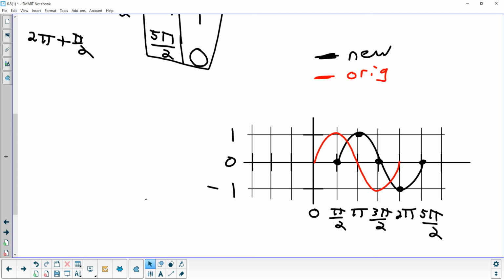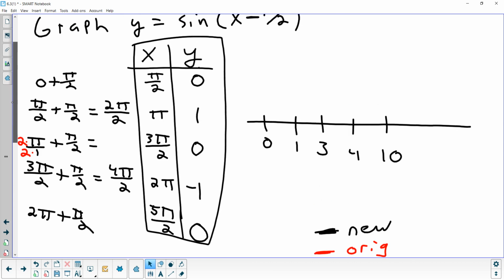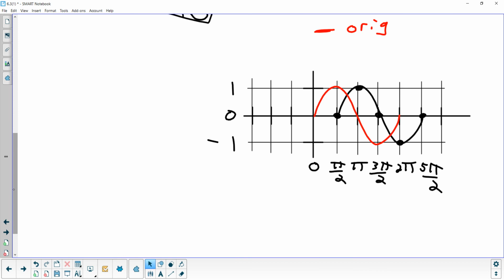I'm only interested in the table for the new graph, not the original. This time I sketched both so you could see them, but a lot of times you're not going to have to sketch both. On the test, you definitely don't. There might be some on the homework.